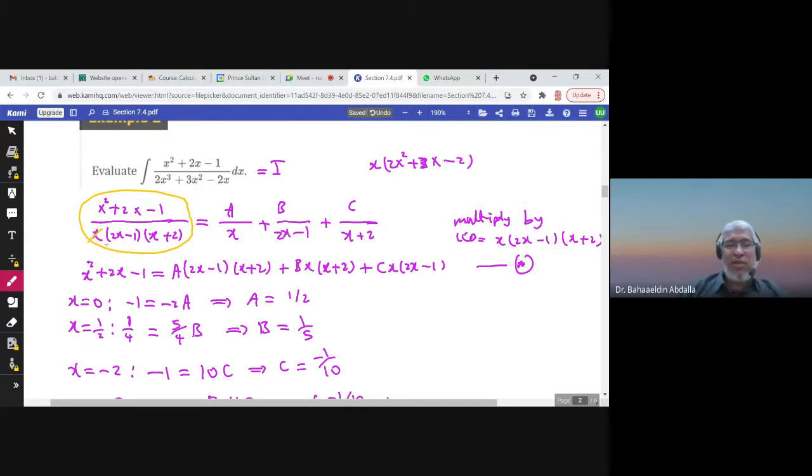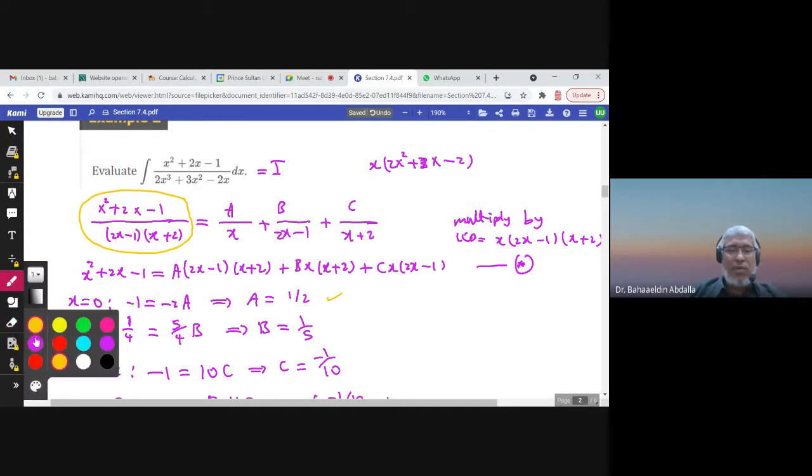So cancel this x and replace x here with 0. What do you get? 0 plus 0 minus 1, you get minus 1. 0 minus 1 is negative 1. 0 plus 2 is 2, so negative 1 over negative 2, or half, so a is half. Good. So this is a quick method without multiplying by the LCD.